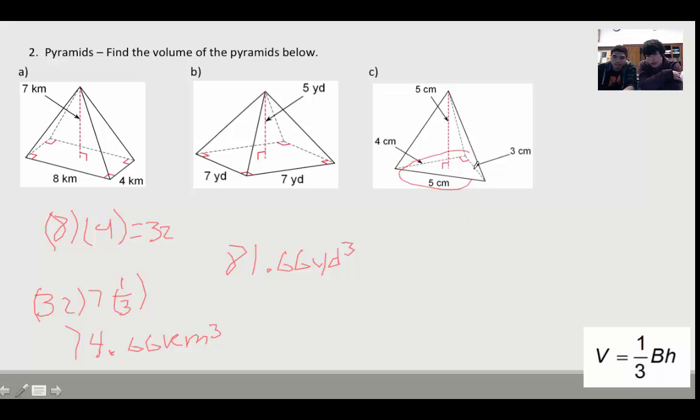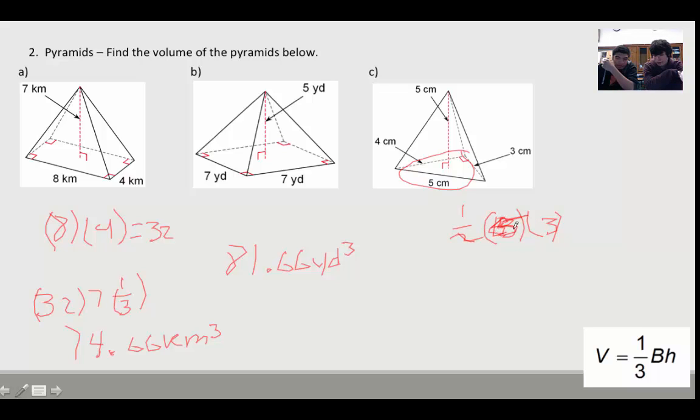All right, for C, it's the same thing as A and B, but since it's a triangle, you're going to use the area formula for a triangle, which is one half times base times height. And then the area for that base is going to end up being 6.